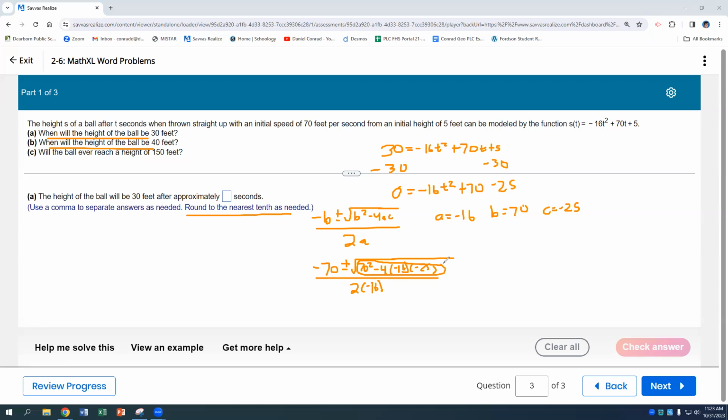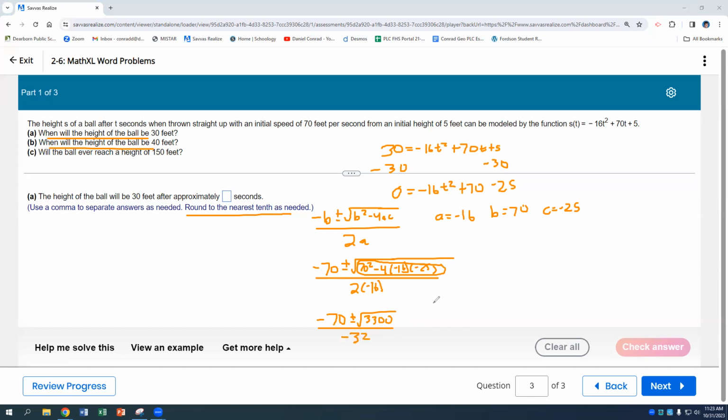So 70 squared minus 4 times negative 16 times negative 25. And we get 3,300. So I get negative 70 plus or minus square root of 3,300 all over negative 32.